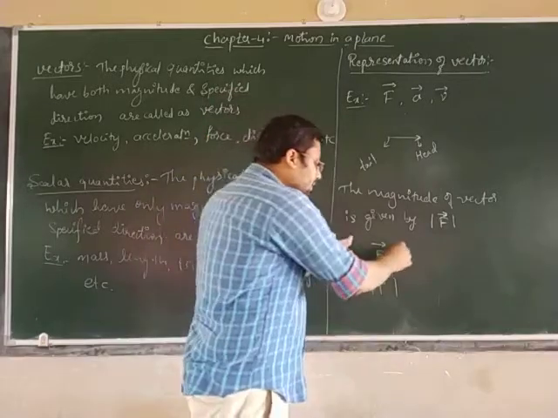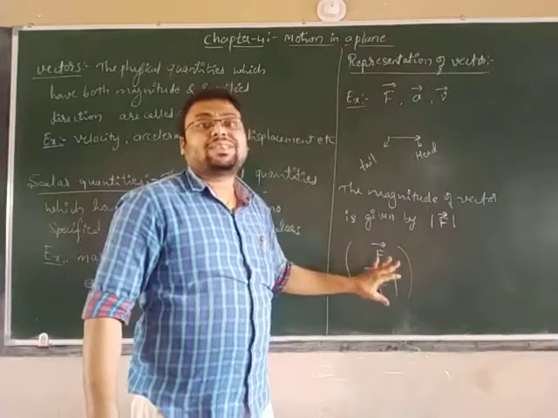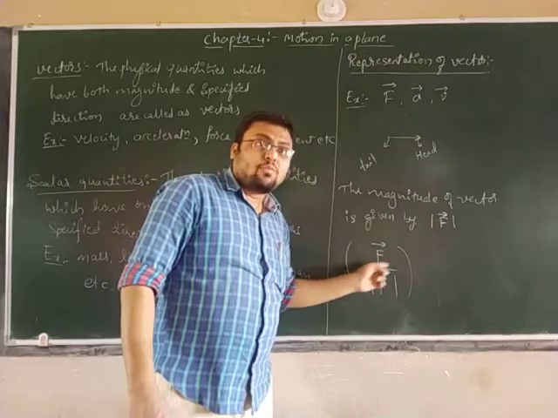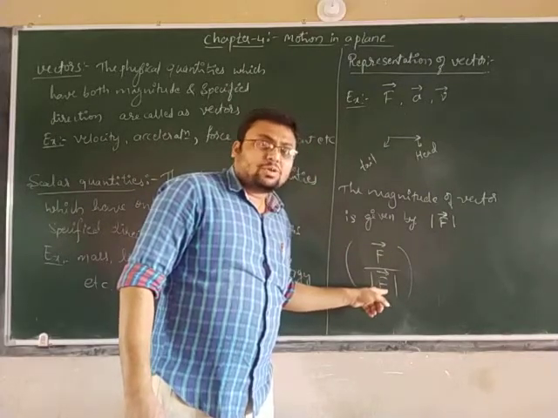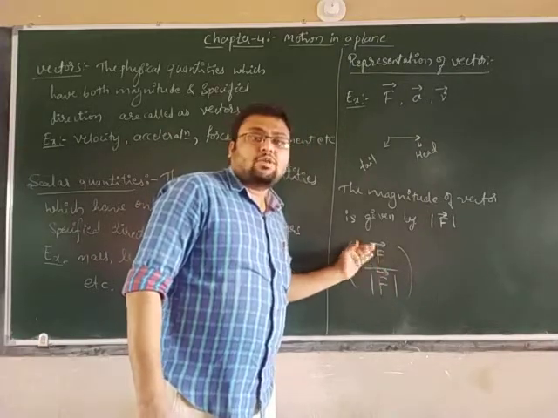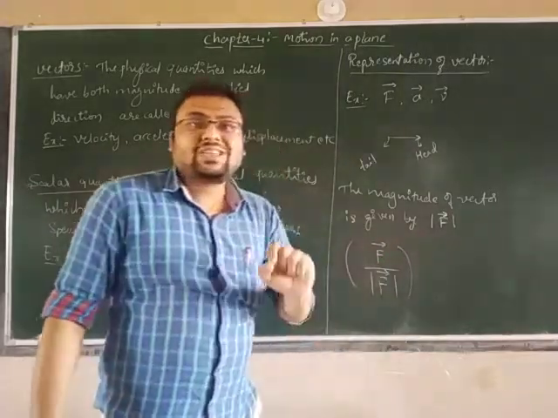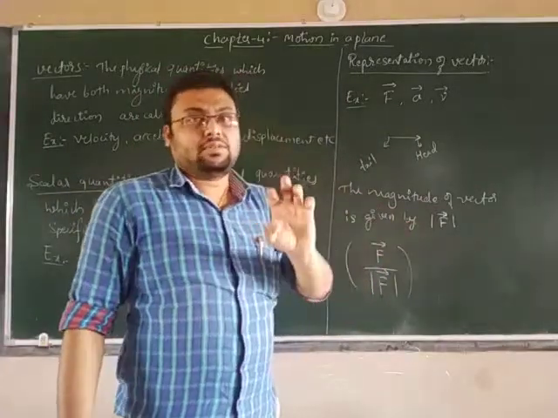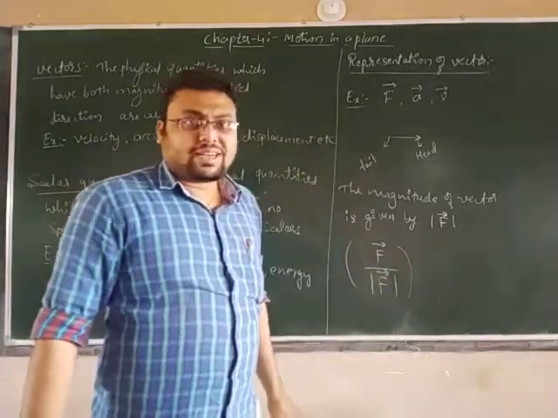Whatever remains indicates the direction of the vector, and there the magnitude will be unity. So this is called a unit vector.